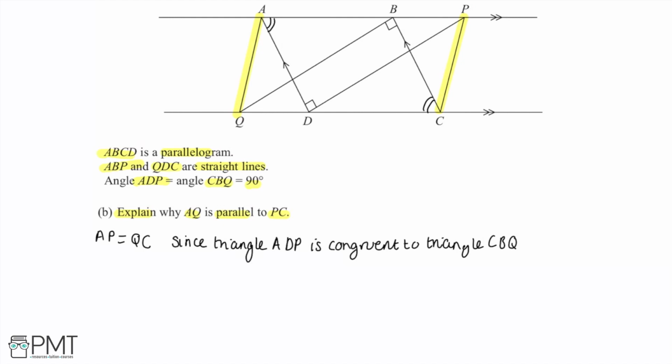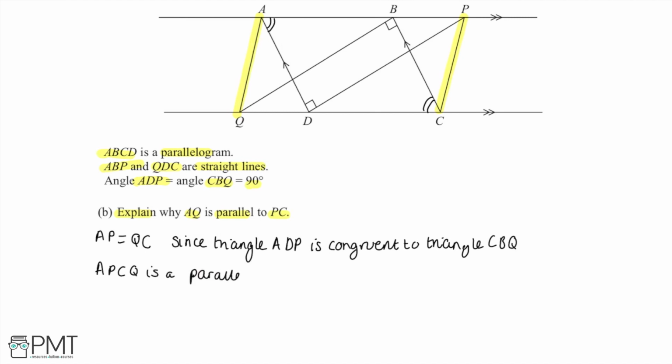So now using this, we know that these two sides are equal, and they're two equal parallel sides, which we can therefore take as the opposite sides of a parallelogram. So, going on a bit further, if these two sides are equal and parallel, and we can join them up with these two sides to create the parallelogram, we know that these two sides must be equal and parallel. So now we just need to explain why AQ is parallel to PC, and we can just reason that APCQ is a parallelogram.